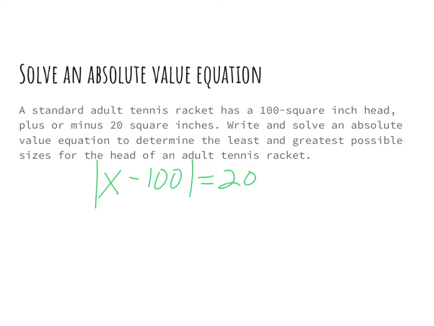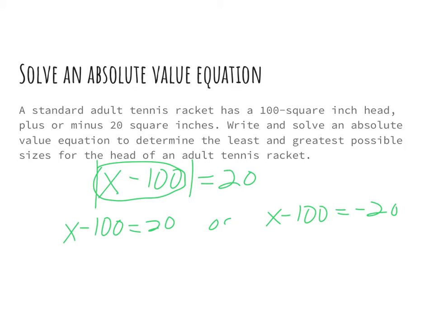So then to solve this, inside here, we know that absolute value makes numbers positive. So what's inside could either equal 20, because if I take the absolute value of 20, I would get 20, or what's inside could be equal to negative 20, because again, the absolute value of negative 20 is still 20.